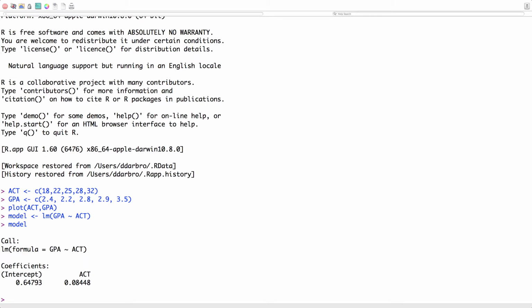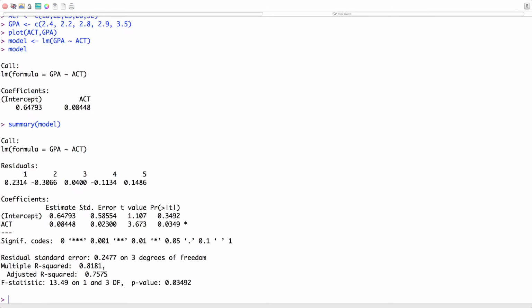Now, if I do a summary of our model, we get more information here. So what I'm doing is I'm writing on the blackboard, so over here. We're going to switch back over to that in just a second, but I don't have this information written down.